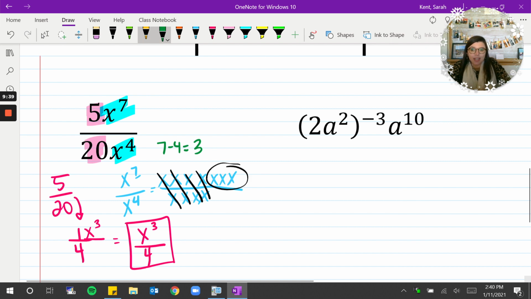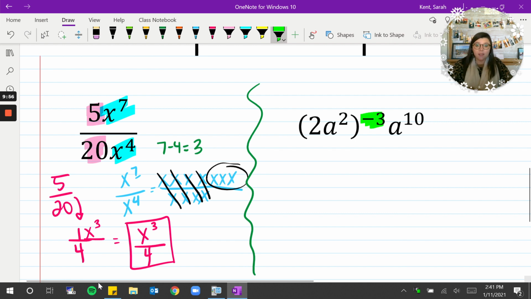All right, and then our last example, here we have 2a to the power of 2, in parentheses, to the power of negative 3, times a to the power of 10. So first we need to take care of this negative exponent. We said anytime we've got negatives, we don't like negatives, we're going to kick it to the bottom. We're going to make a fraction.